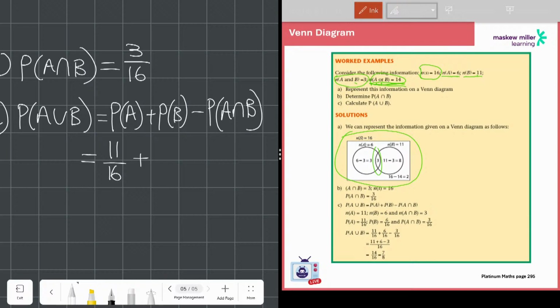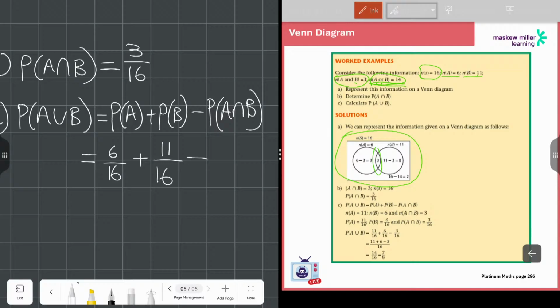That doesn't make sense. The probability of A can't be 11 because that is the B. Let's fix it. That's supposed to be the one for B. Okay, so the probability of A according to the information given is 6 divided by 16, and the probability of B is 11 divided by 16. Right, that is the correct one.